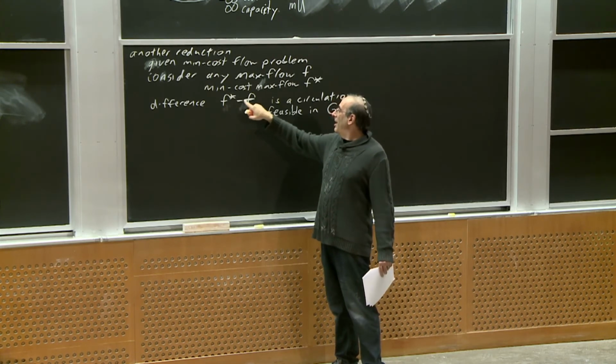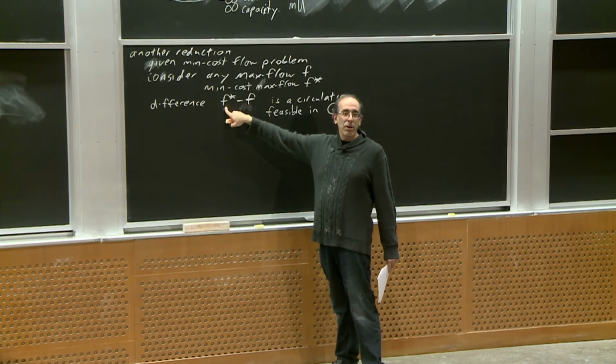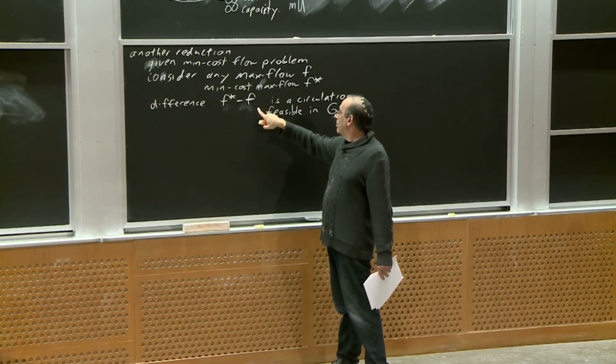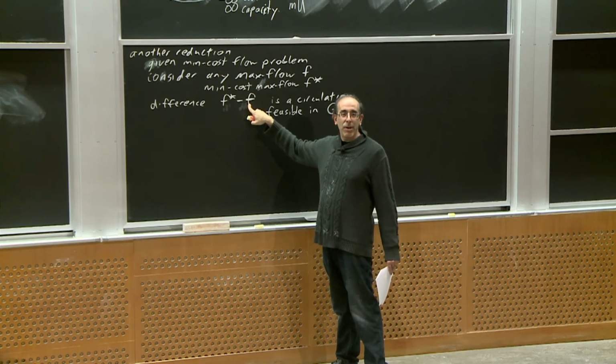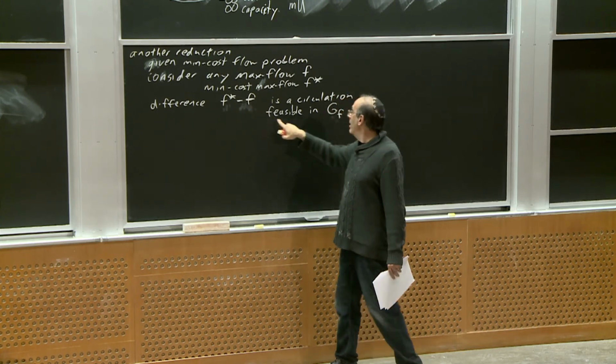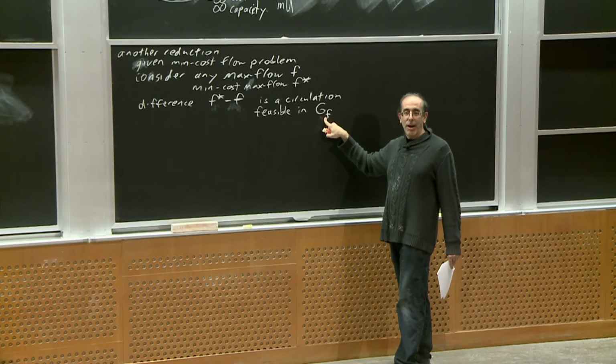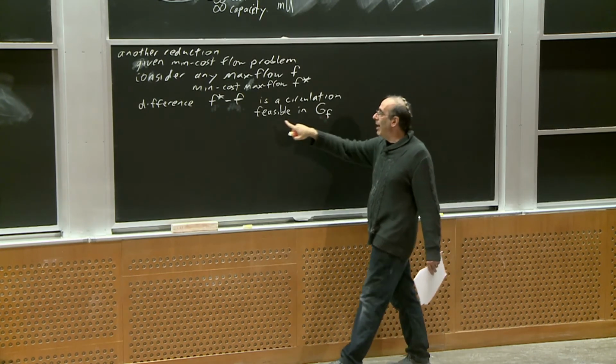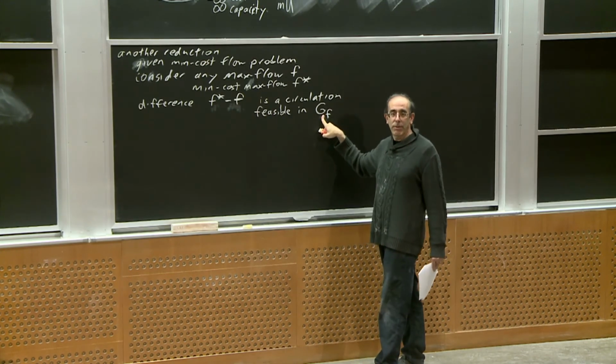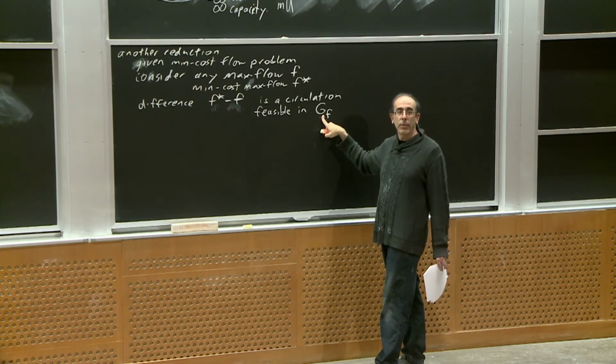F star is feasible in your original graph, and now you're subtracting F units of flow from every edge, which makes it feasible in the residual graph because the capacity that you subtracted is exactly the amount that you're subtracting from the flow as well.